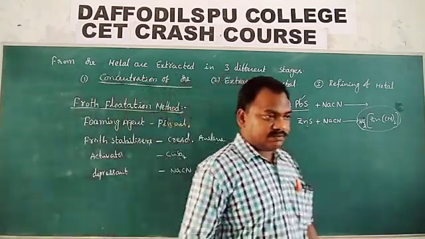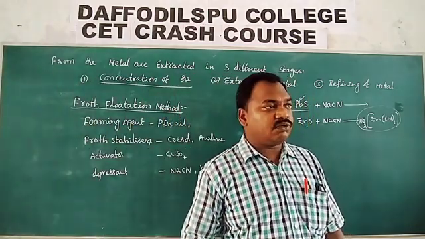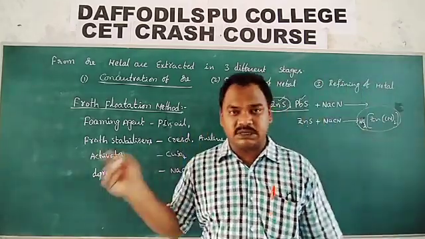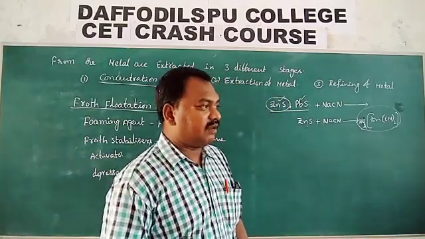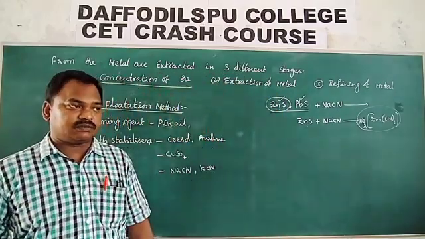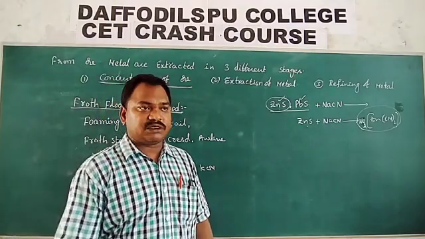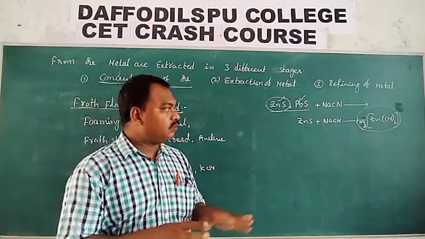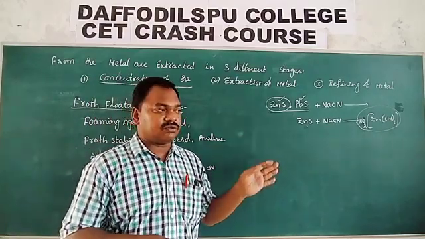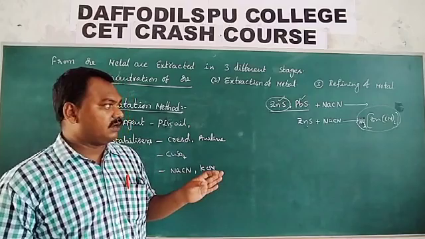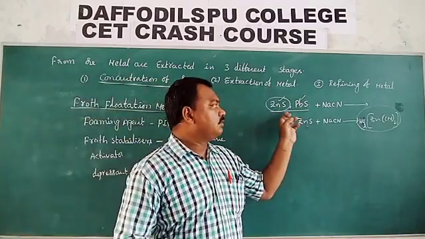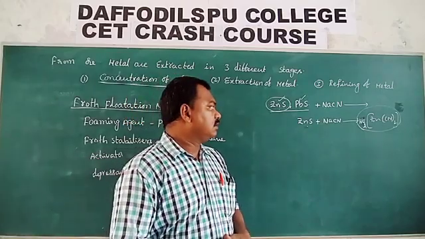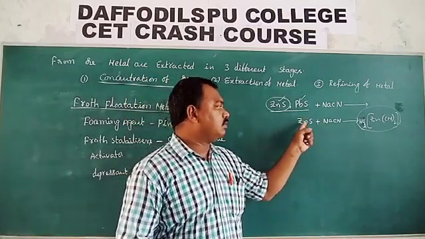These depressants react with only one of the sulfides, leaving behind the other sulfide. Generally, zinc sulfide ore contains lead sulfide as an impurity. To separate these sulfide minerals, depressants like sodium cyanide and potassium cyanide are added.